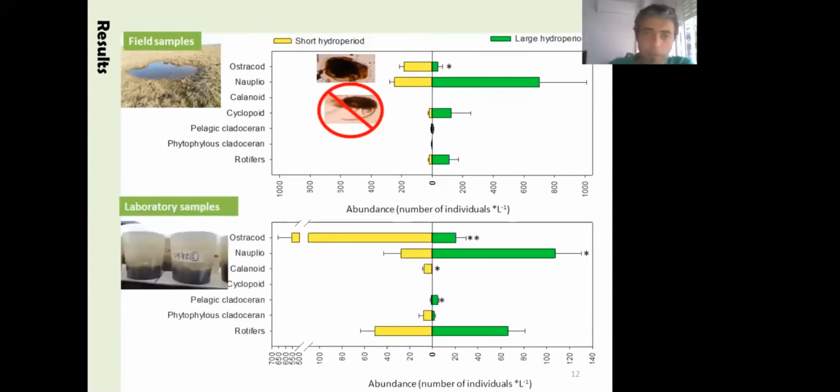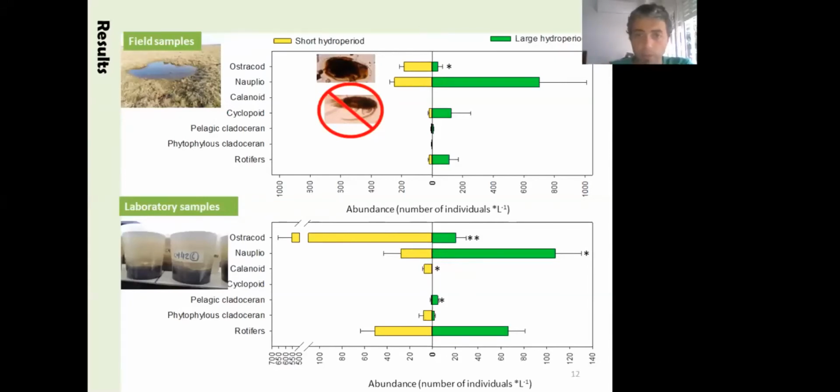Then in the laboratory samples, we found a statistical difference, again for ostracods being higher in the short hydroperiod ponds, clearly more abundant in this kind of pond.